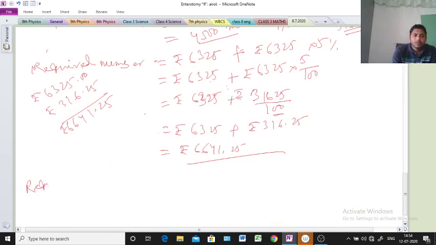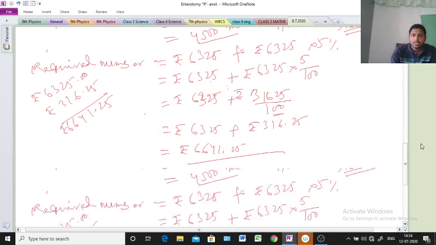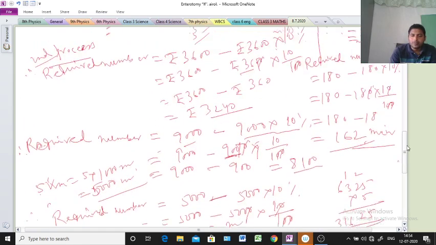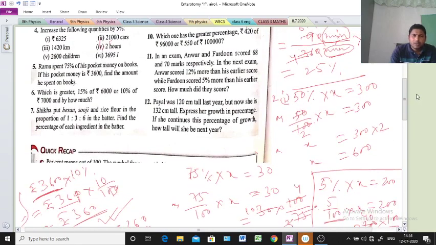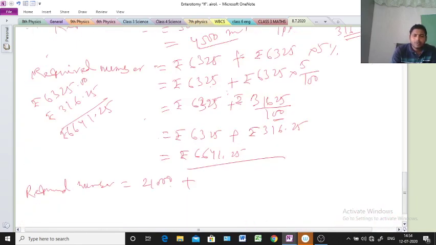So required number equal to 21,000 plus 21,000 into 5%. Clear? Okay, now 21,000 plus 21,000 into 5 by 100.